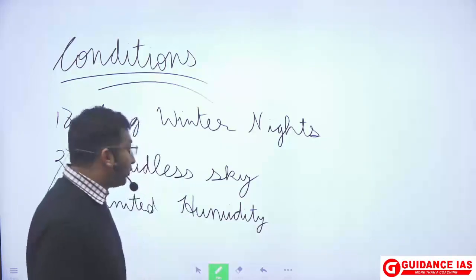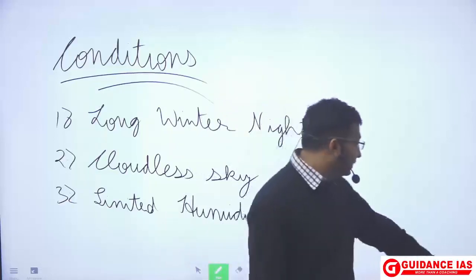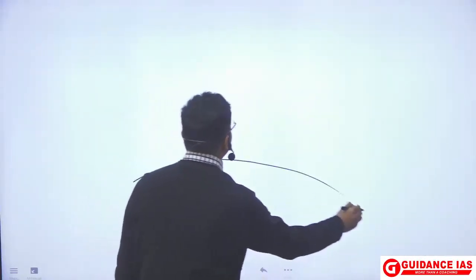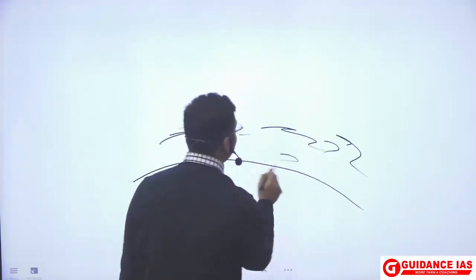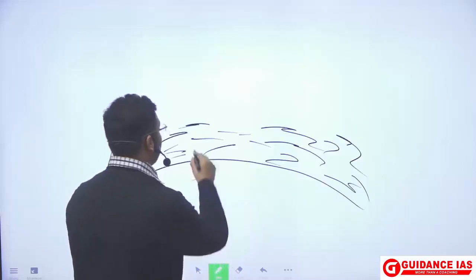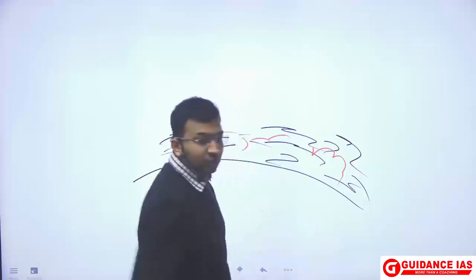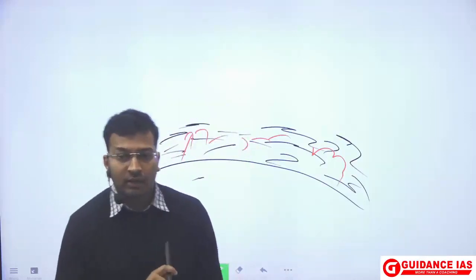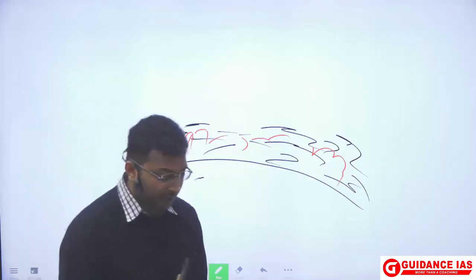So if there is a lot of water vapor in the atmosphere near the earth's surface, then the outgoing radiations will be trapped here itself, which won't allow the radiation temperature inversion phenomenon.